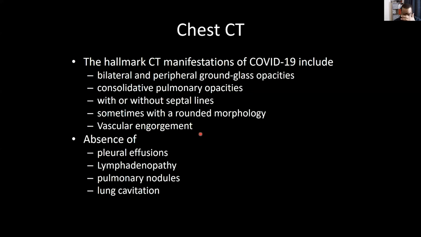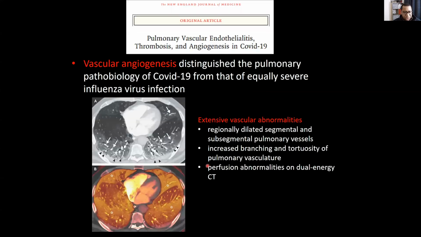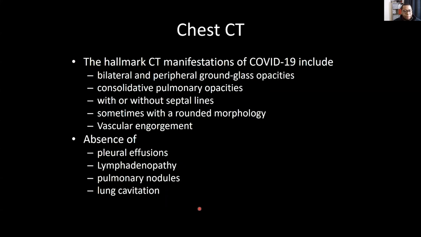Initially, people were reporting just a focal area of vascular engorgement, but like I showed you in the previous slide, and this separate paper, which is also in the New England Journal of Medicine, some researchers from Boston showed that there's a more extensive regional area of vascular abnormalities. So these were the early described hallmark CT features of COVID-19.